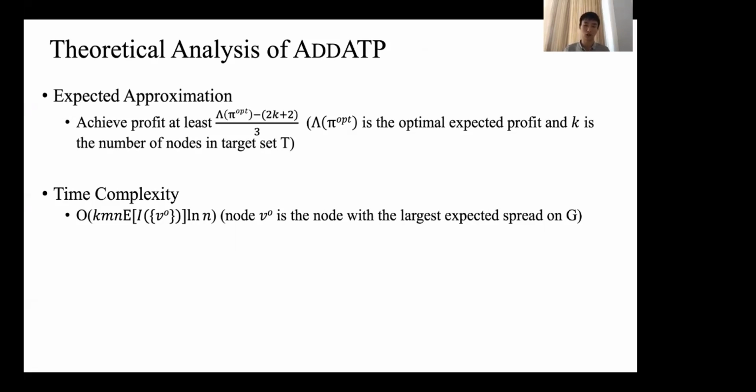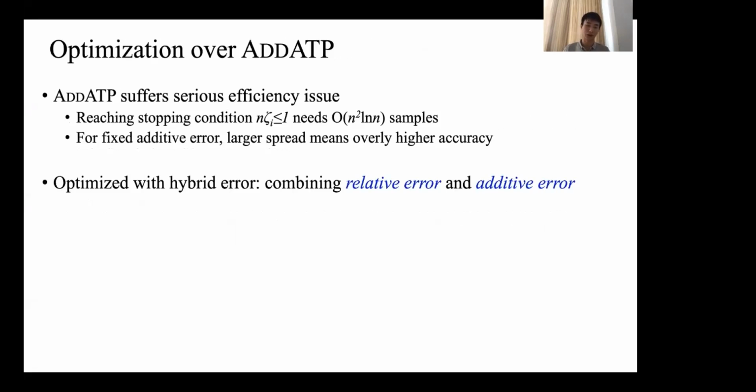To tackle this issue, we propose a new sampling method with a hybrid error, combining the relative error and the additive error. The rationale behind this is that if the influence spread is large, then the relative error will dominate the entire error. Otherwise, if the influence spread is small, then the additive error will work. So it's a good balance.